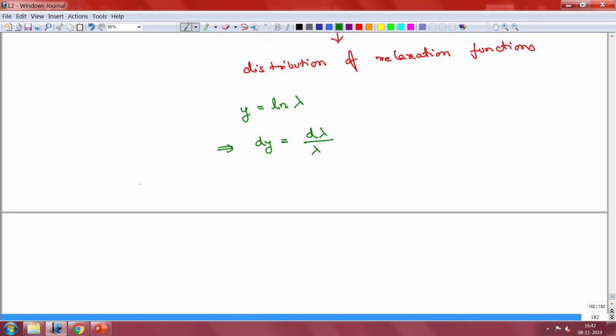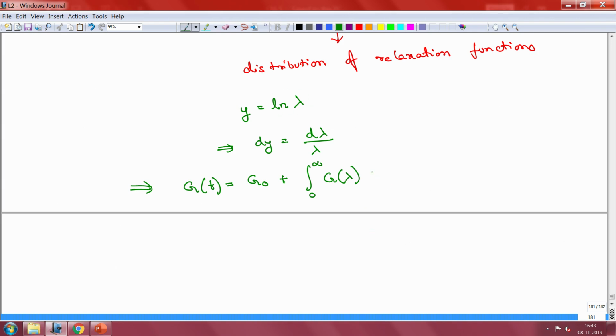So, if you substitute it into your previous expression, this will become G naught plus the integral from 0 to infinity of G(lambda), and now I am going to transform it into the derivative. Instead of being the derivative of lambda, I want to take the derivative of log of lambda.